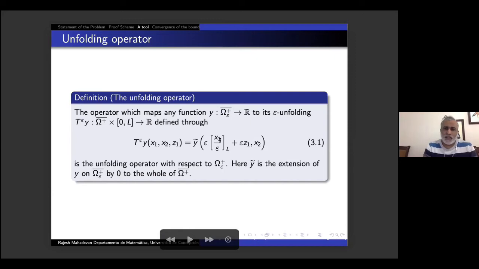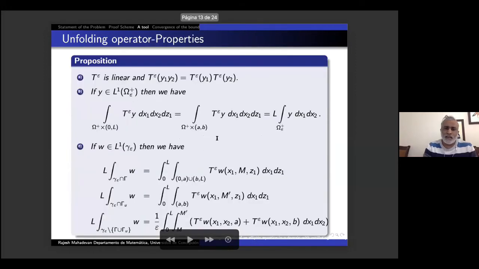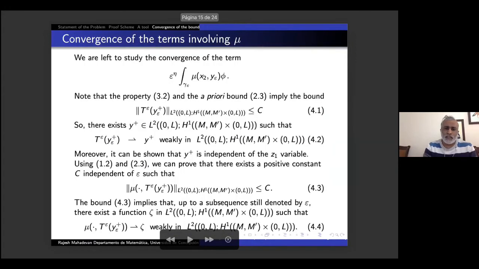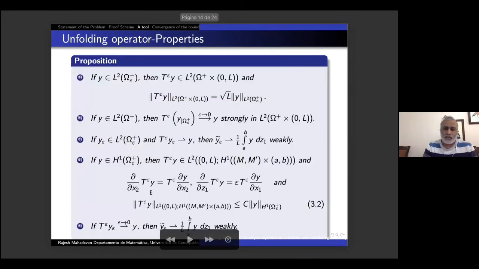So it's only in L2 of 0L H1. It doesn't lose the differentiability in x2, but it loses differentiability in x1, and the unfolded function in any case has this norm estimate. This is again an important piece of information which you need to keep in mind.